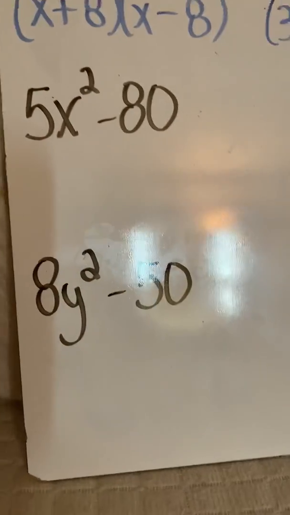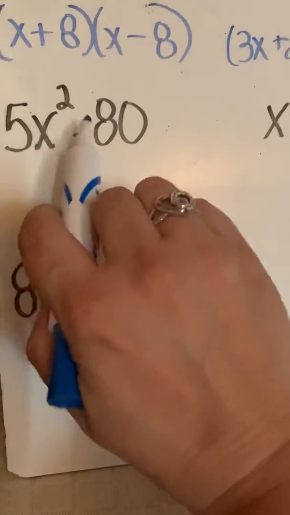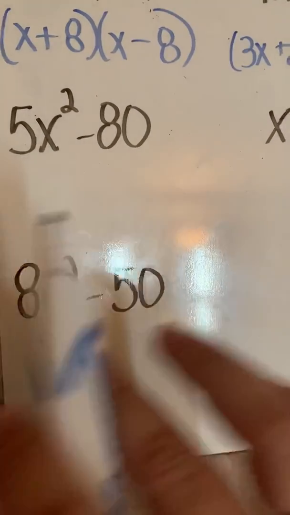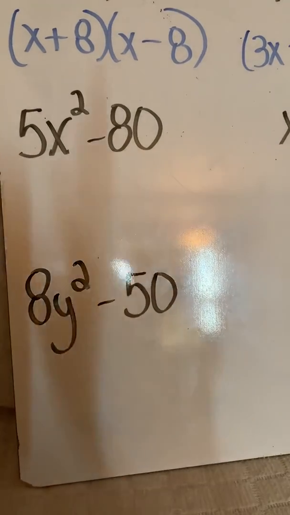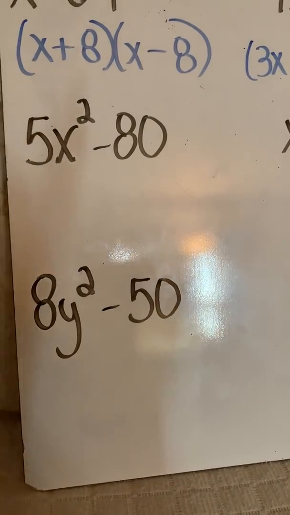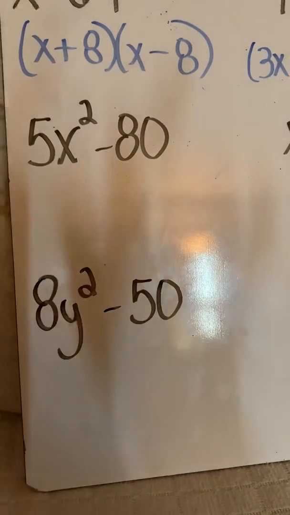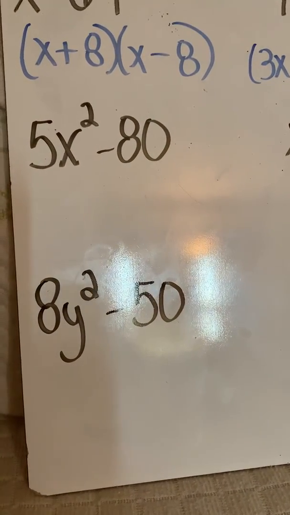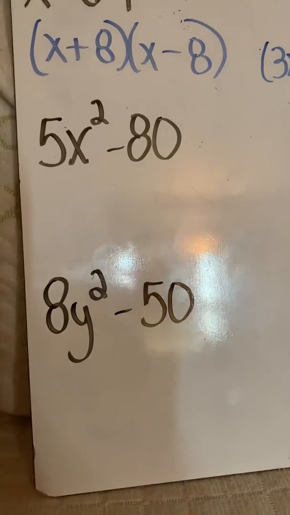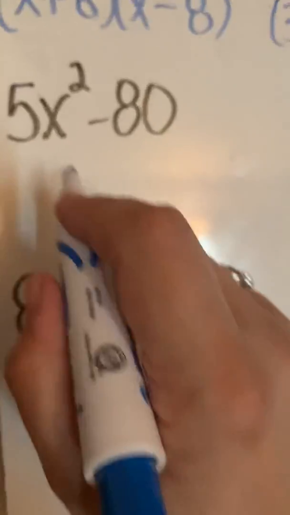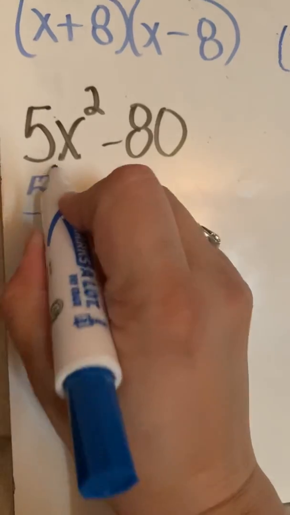Okay, this one here. Now you notice you're dealing with a difference because of the minus in there. It's a binomial, so we're dealing with the difference of something. First thing you should always ask yourself, no matter which one of these you're doing, can I factor something out? And that answer is yes. Take out a 5.